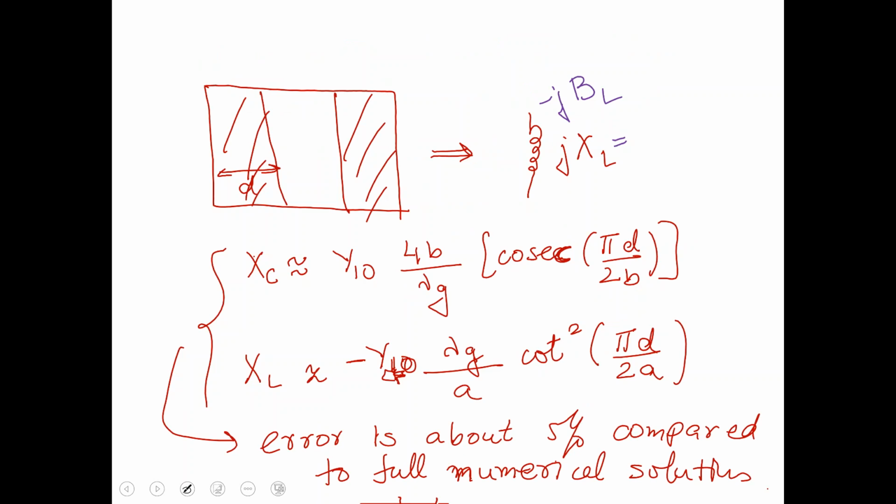So actually, this should be BC and BL, because this is admittance, right? Not impedance. So it should be related to admittance values. Otherwise, you don't have unit matching, which happens here. Yeah, you're right.